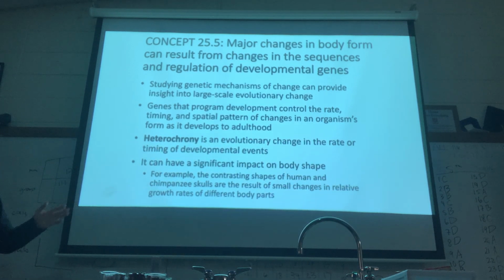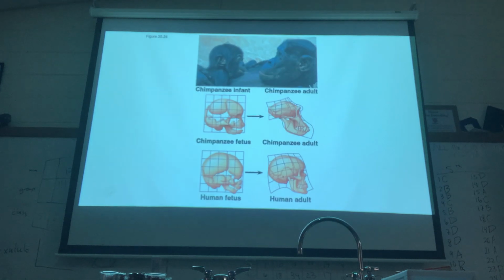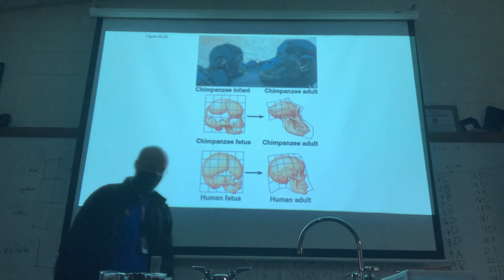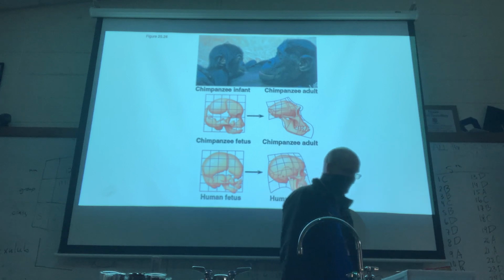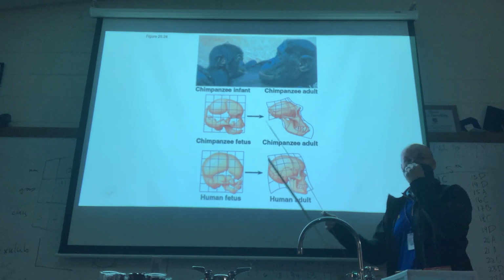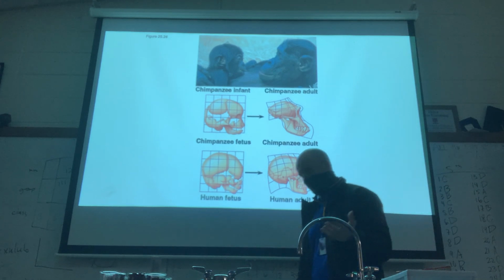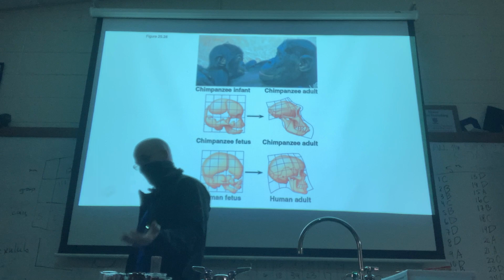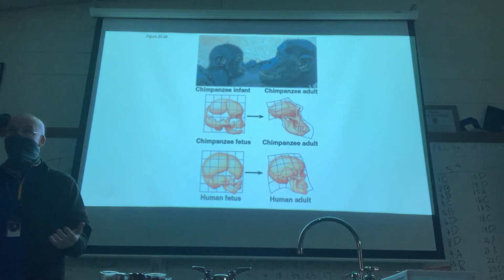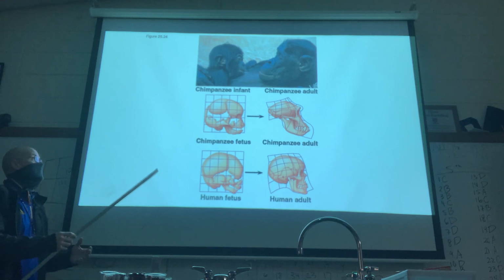One place we think these kind of developmental genes come into play, one example, is the difference between humans and chimpanzees. Our two populations seem to have diverged somewhere about 8 to 10 million years ago. There was some common ancestor that we probably both branched off from over that time.